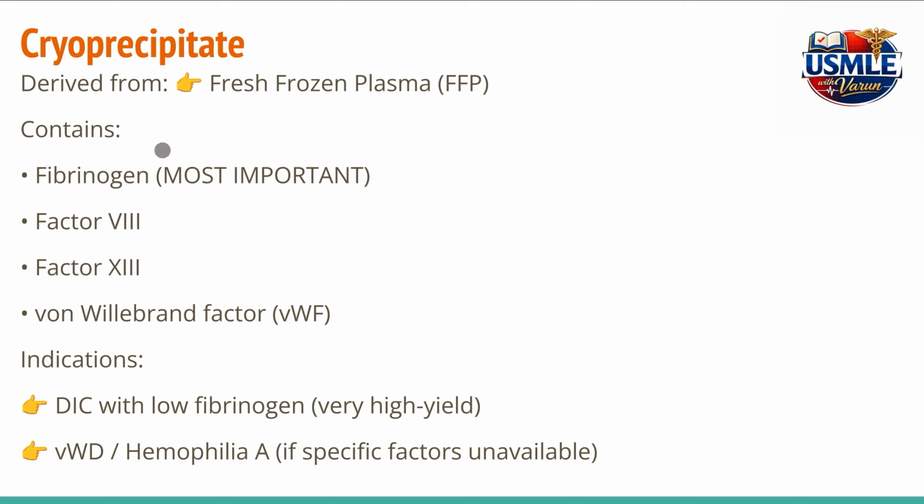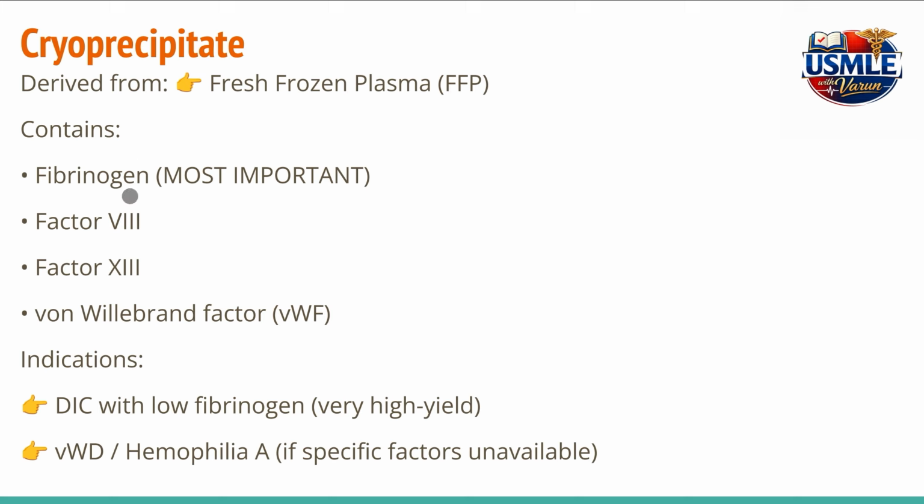Now, coming to cryoprecipitate. Cryoprecipitate is derived from plasma, but it is concentrated in specific factors. The most important one of all of those is fibrinogen. So, in disseminated intravascular coagulation, cryoprecipitate is the treatment of choice, because DIC presents with low fibrinogen and cryoprecipitate most importantly contains fibrinogen.